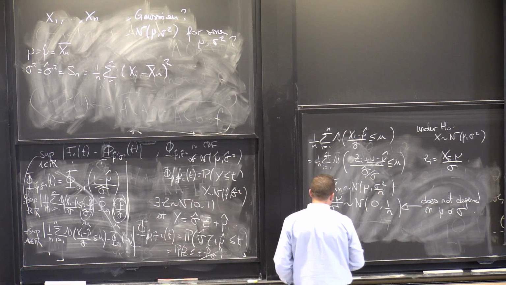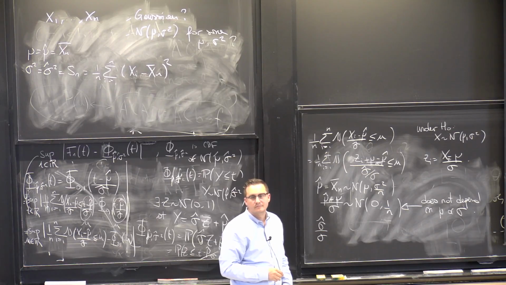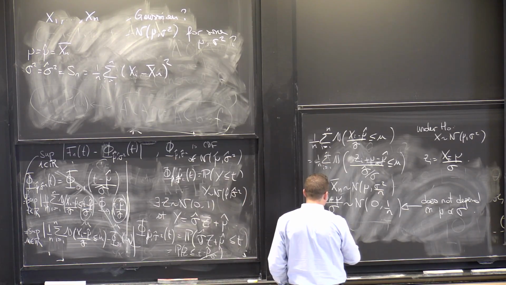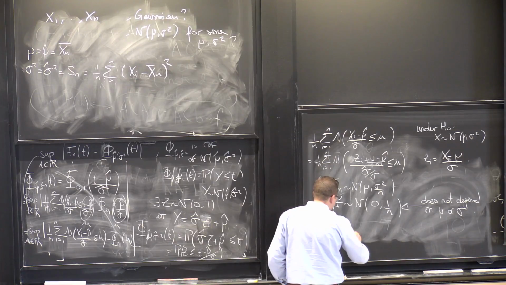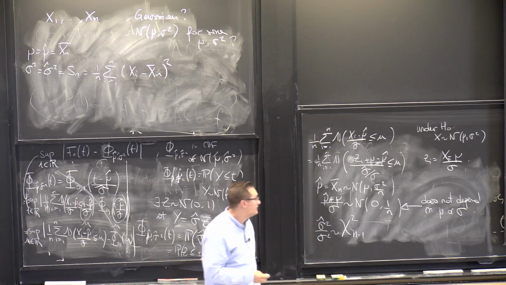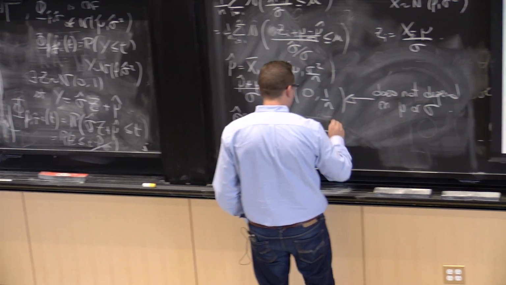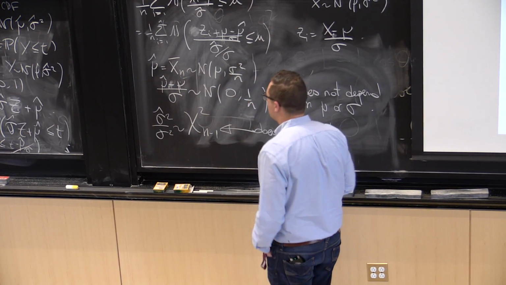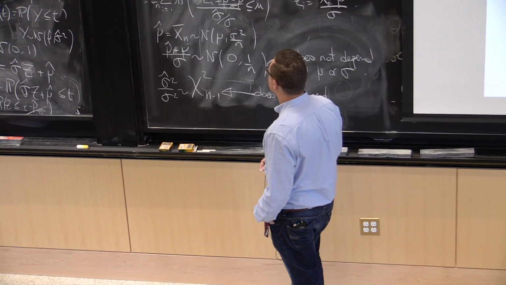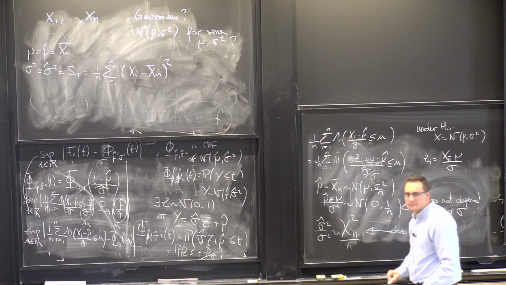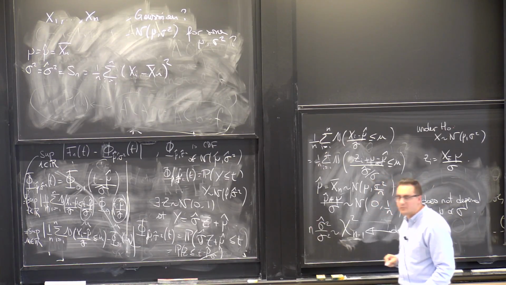What is its distribution? It is a chi-square. So n sigma hat squared divided by sigma squared is a chi-squared with n minus 1 degrees of freedom. It does not depend on mu or sigma. Yes, thank you, this is actually divided by n, so let's write it like that. This is the proper way of writing it.